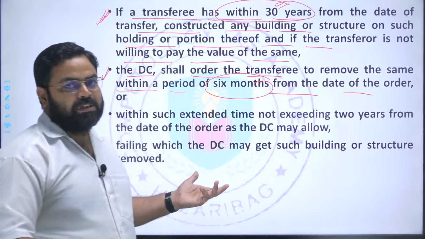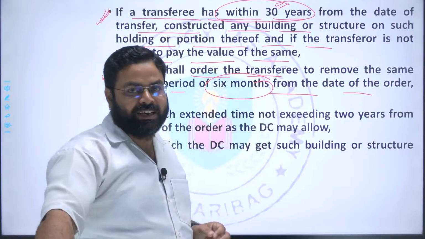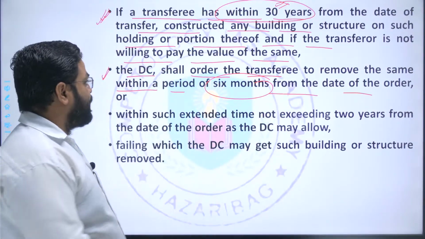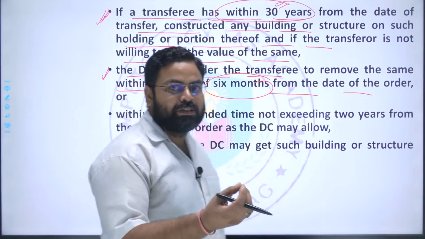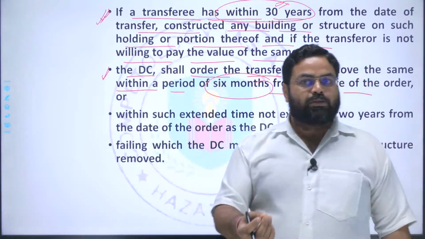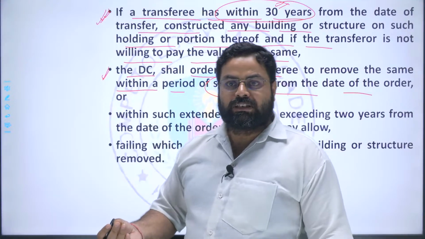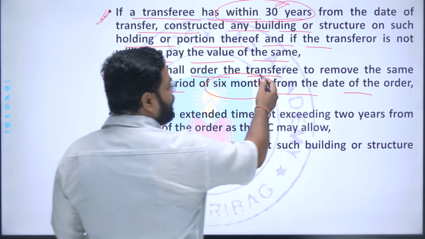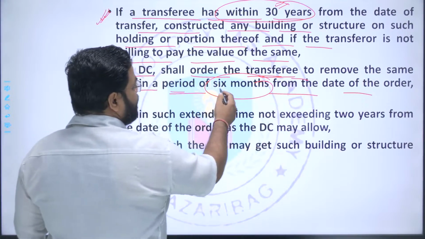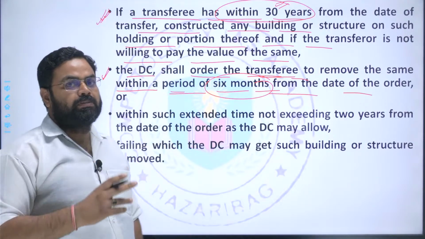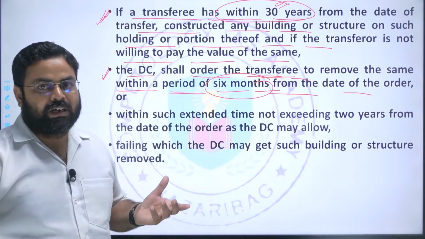But many of the people say, हमको नहीं चाहिए अपना घर उठा के ले जाओ. So in such case what will happen? The DC will not allow the person to take an undue advantage of the transferor. DC is again entitled that he will tell the transferee to remove the construction within a period of 6 months, so that the transferor should not get any undue advantage. Otherwise क्या होगा? What will happen?